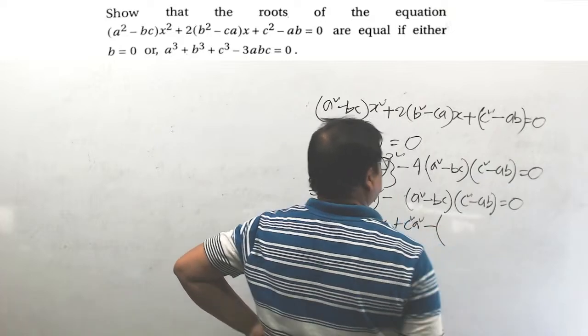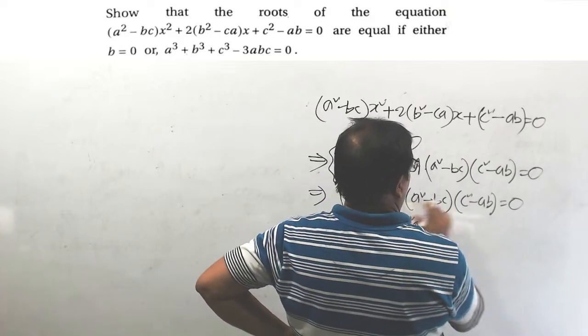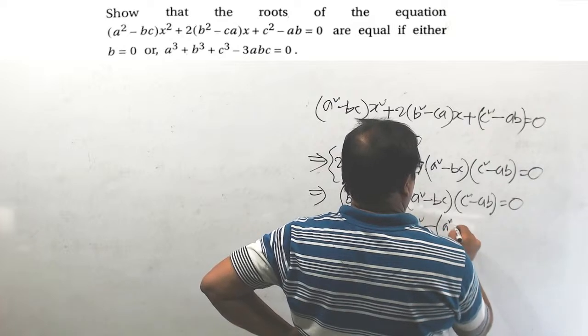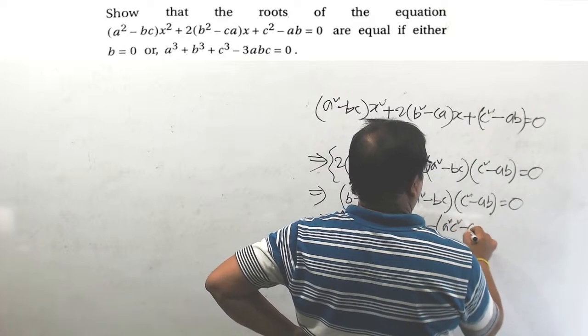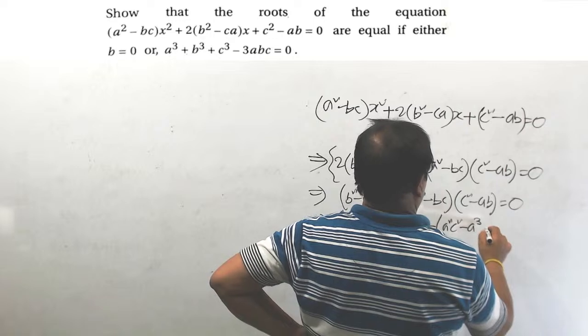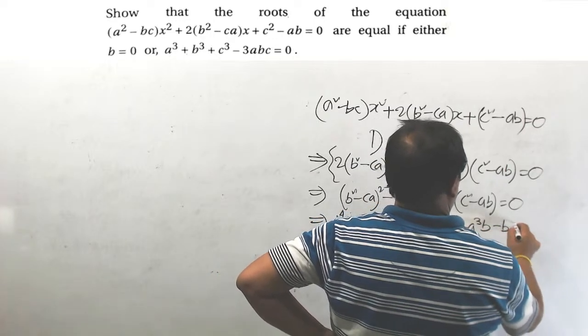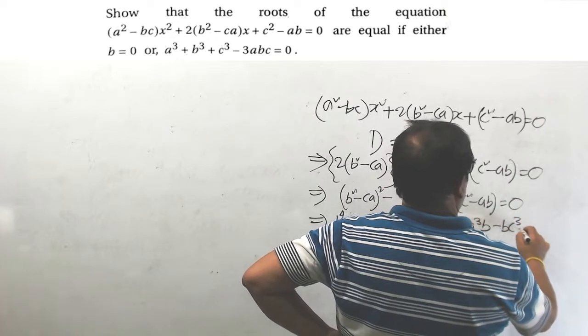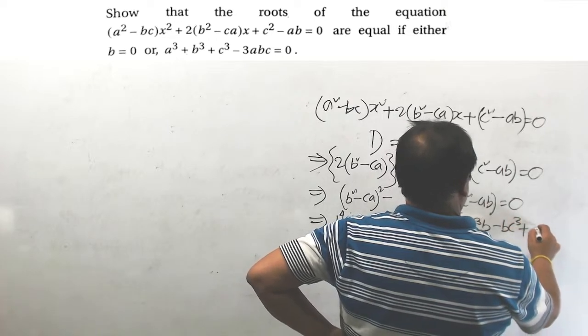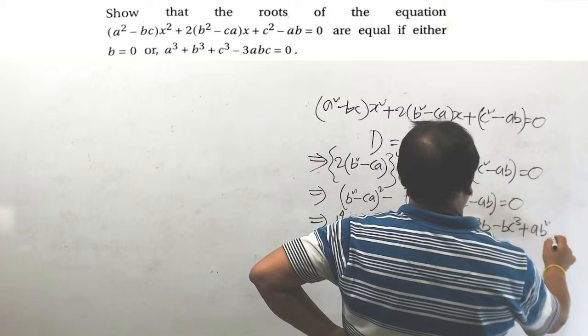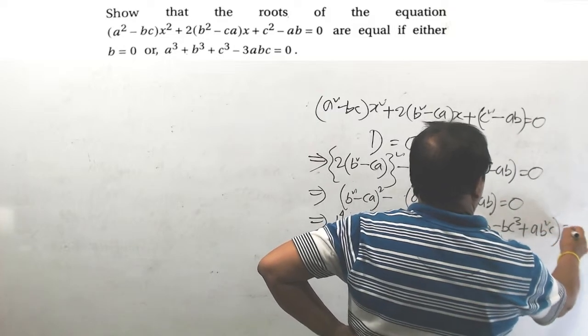Minus, multiply this: a square c square minus a cube b minus bc cube plus ab square c equals to 0.